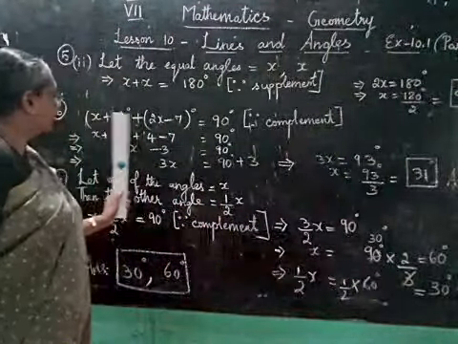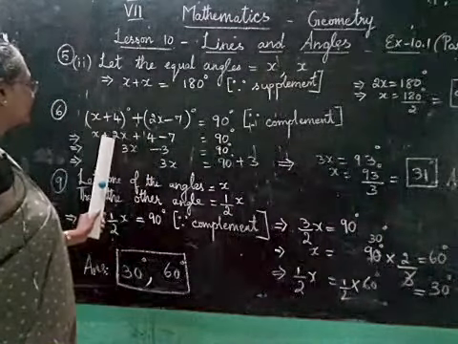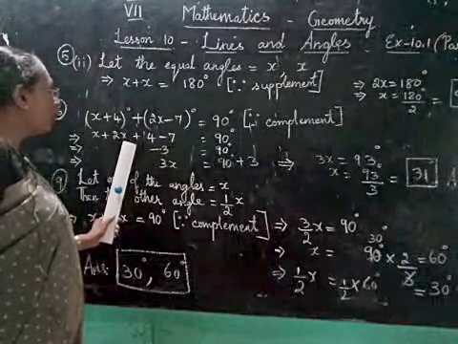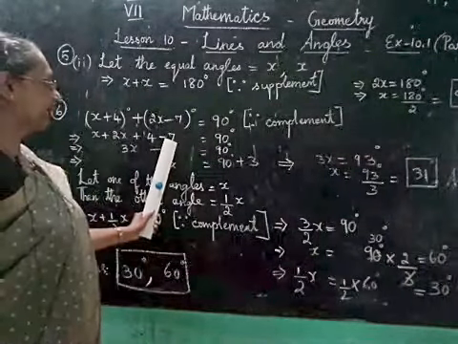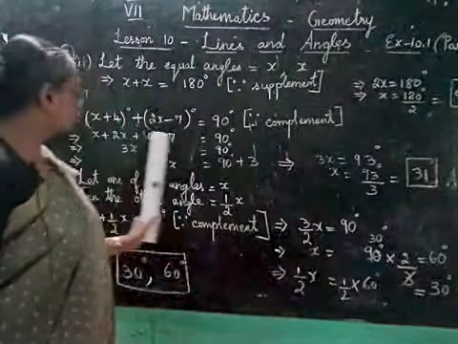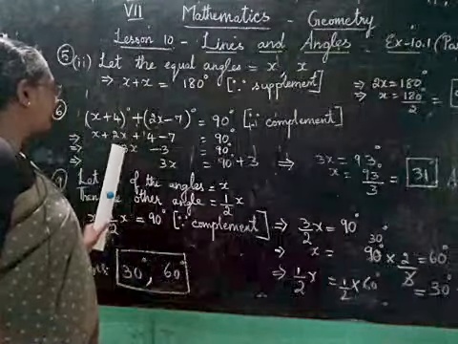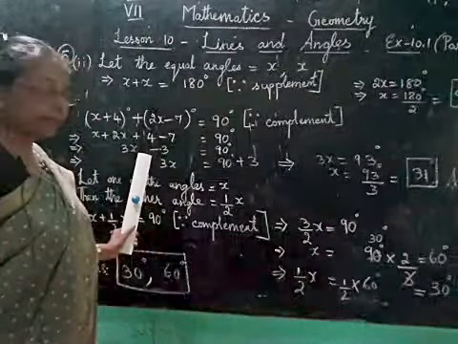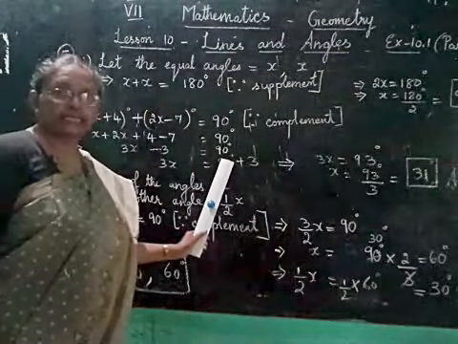Then when we put x and 2x together, x plus 2x, and constant terms we will put together, it will be 4 minus 7 is equal to 90 degrees. x and 2x when we add, we get 3x, and plus 4 minus 7 put together, we get minus 3, that is equal to 90 degrees.